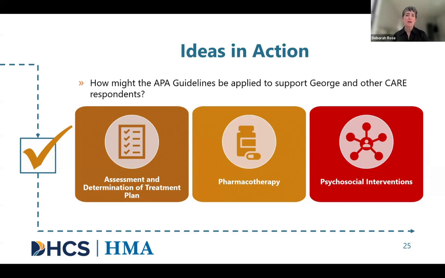And so all of those psychosocial supports, an ACT team, an FSP, job support and employment, all of those services really are designed to help an individual thrive.